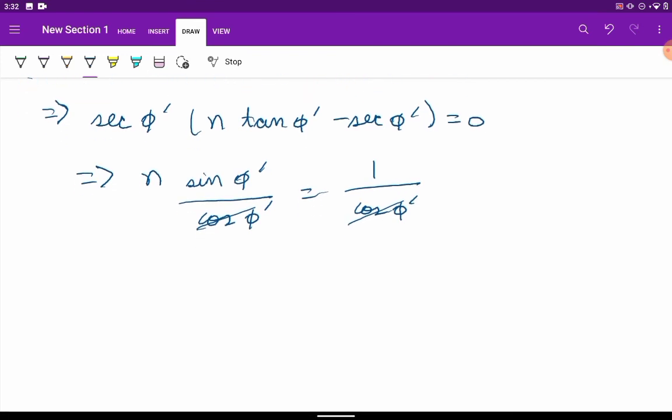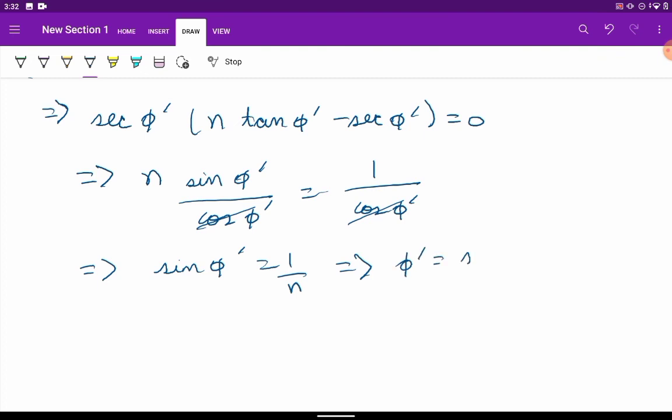So this means sin phi dash is equal to 1 by n. We were able to cancel out 1 by cos phi dash because that is secant phi dash and that can't be 0.